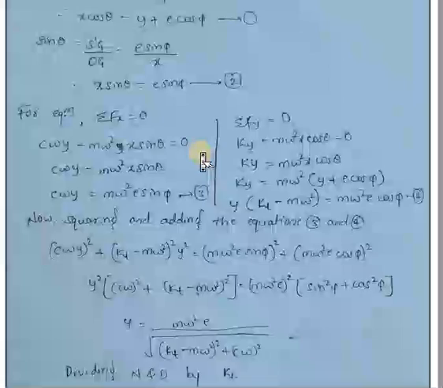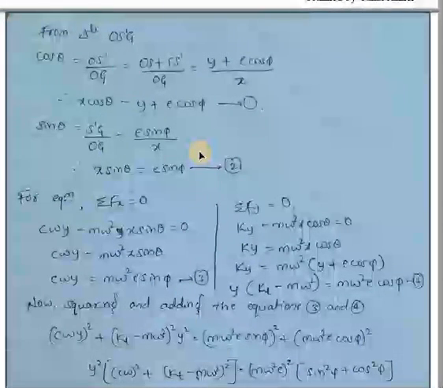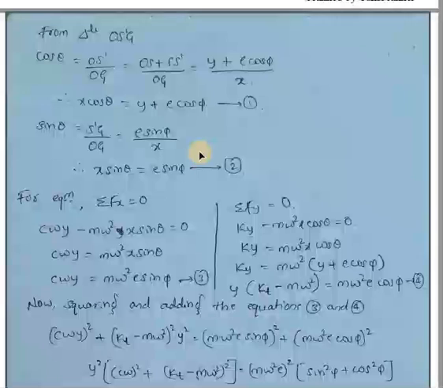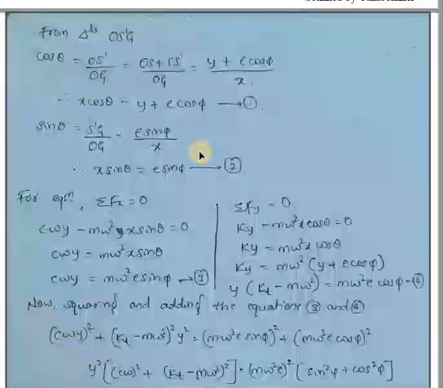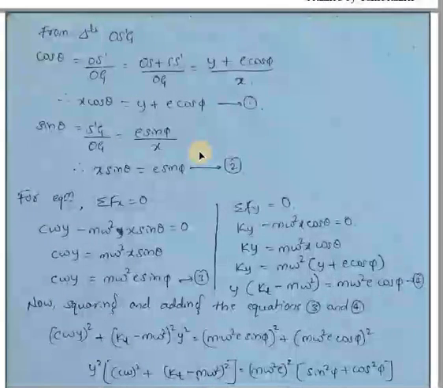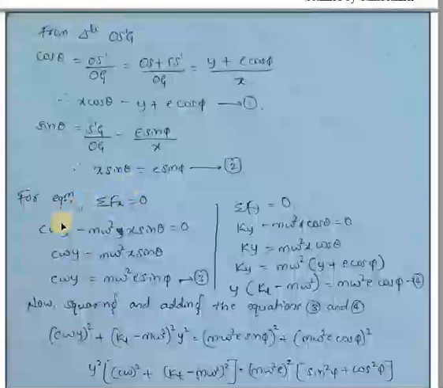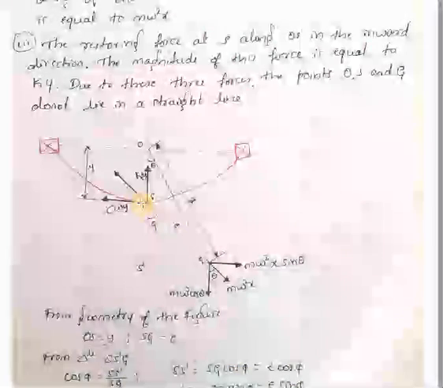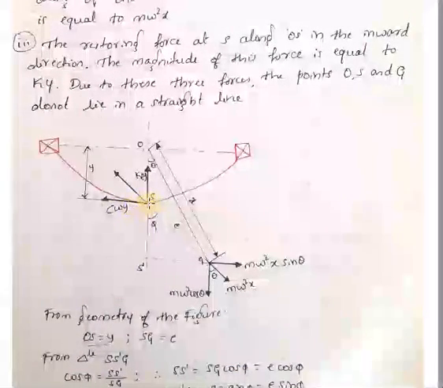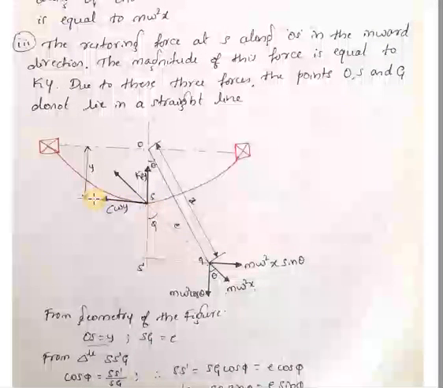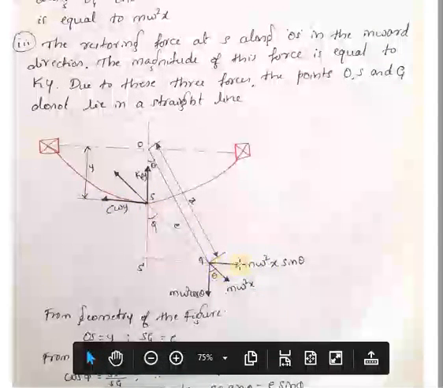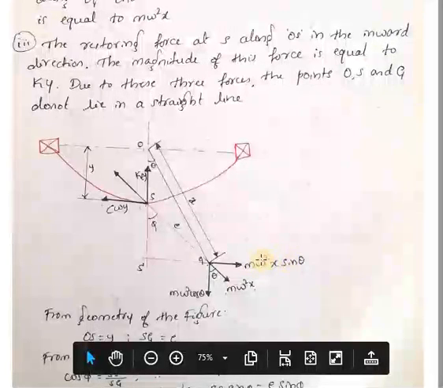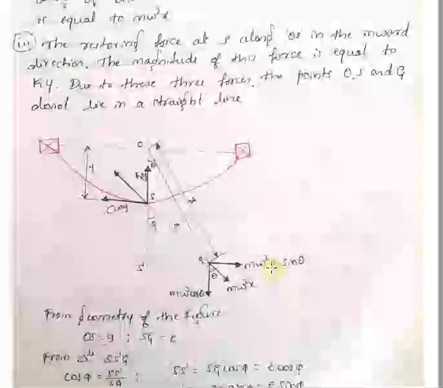Now for the equilibrium condition, the summation of all forces in the x direction should be equal to 0. Similarly, the summation of forces in the y direction should be equal to 0. So if you take the forces in the x direction, c omega y minus m omega square x sin theta equals 0. c omega y is in this direction, and m omega square x sin theta is in the opposite direction, so this is with plus sign and this is with minus sign.